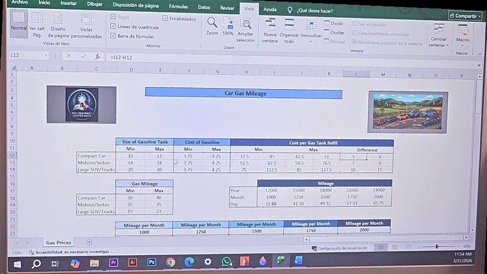If you had the 12-gallon tank that you needed to fill up completely, the difference would be $6. So each time you fill up the tank completely, you're saving between $5 to $6 for the compact car, $7 to $9 for the mid-size sedan, and $10 to $15 between the large SUV and truck.